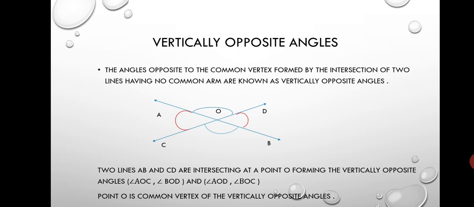We get four angles when the two lines AB and CD intersect at O. Then the opposite angles, like angle AOD and angle COB, are vertically opposite angles, and angle AOC and angle DOB are also vertically opposite angles.